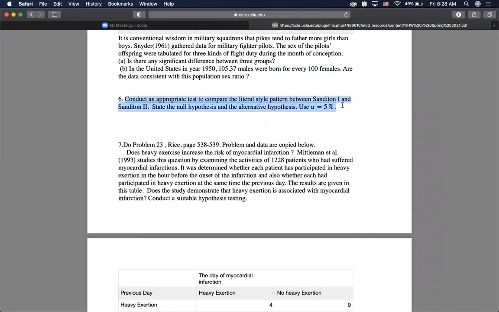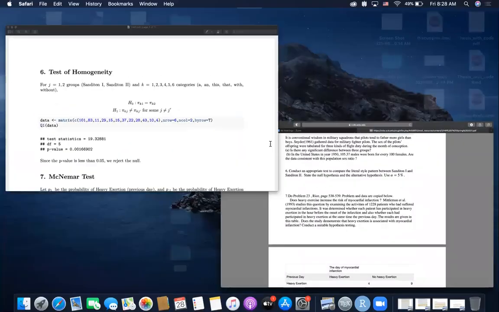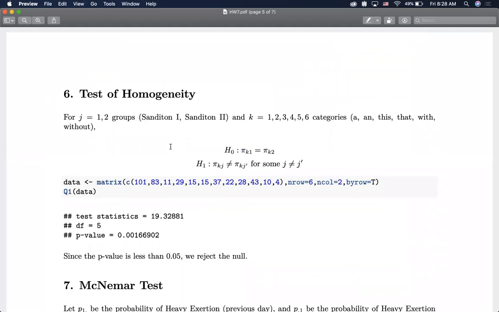That is just what is from the lecture. So that will be a test of homogeneity. So we have 6 different categories for the word choice: A, an, this, that, without, with, and there are 2 different groups. So now we set up the test.